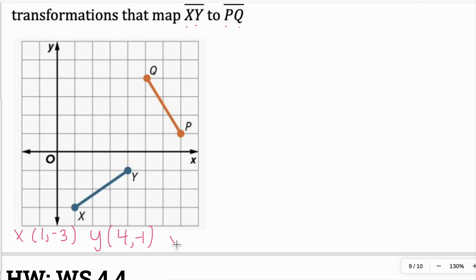So using the distance formula, I did -1 minus -3 squared plus 4 minus 1 squared. -1 minus -3 would be -1 plus 3, so that'd be 2 squared, which is 4, and then 3 squared is 9.